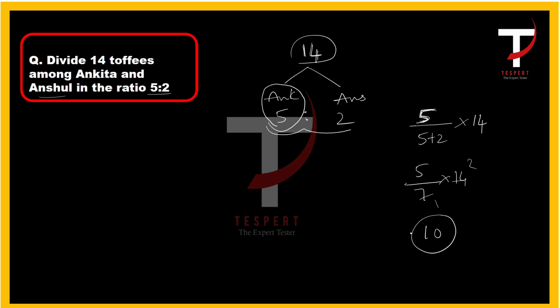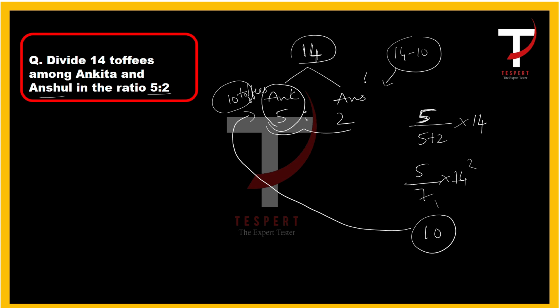So Ankita gets 10 toffees and Anshul gets 14 minus 10 toffees, which is 4 toffees, right? So directly we subtracted the total number of toffees minus the toffees which Ankita gets.